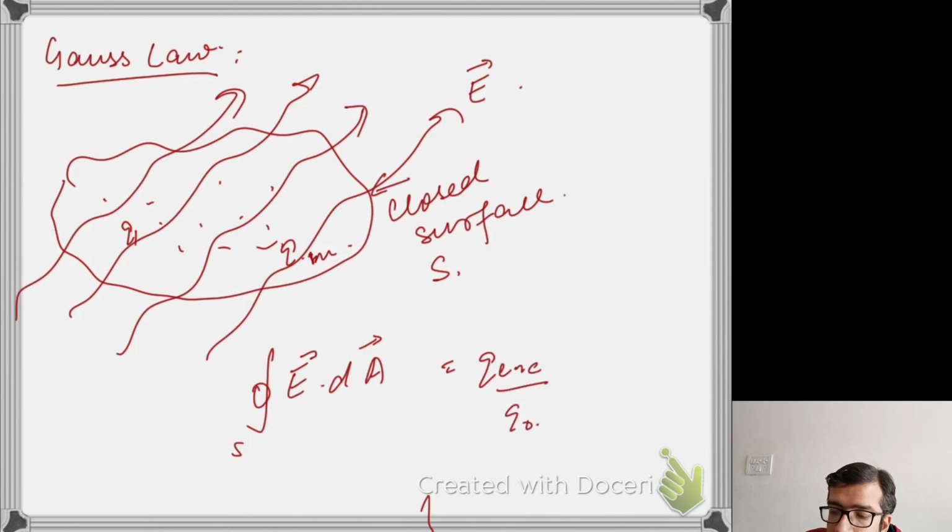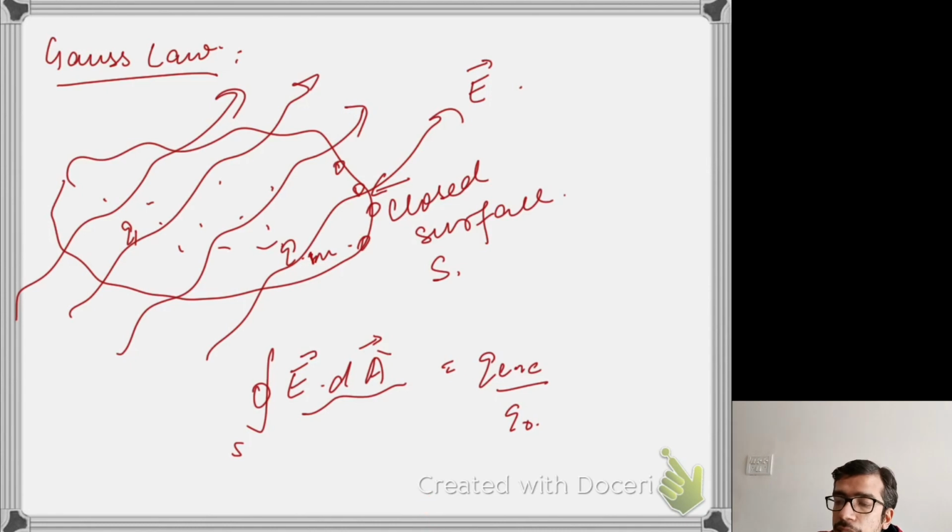epsilon naught. So when I say integral of E dot dA, I divide the surface into small patches of size dA. Then I take the dot product of the electric field at that point times the area, and I add it all up. In the limit of these patches going to size 0, I get the integral of E dot dA.